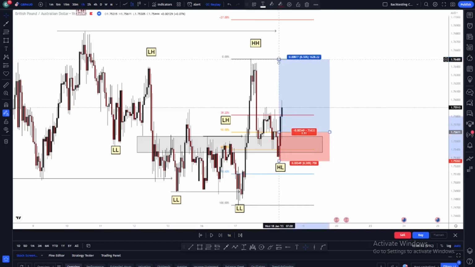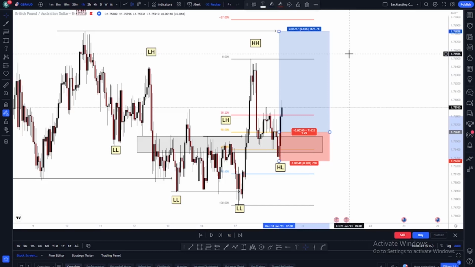Our second take profit will be right here at the 4H lower high. That will be where our second take profit will be, because when price gets to that point, it might chase back down. Remember, though we are catching a bullish move on the H1, it doesn't mean the H4 is also bullish.